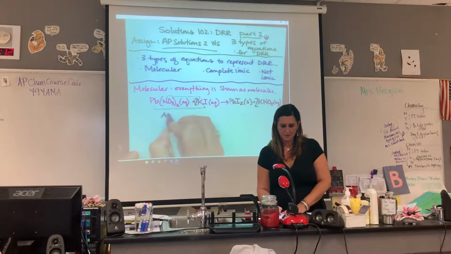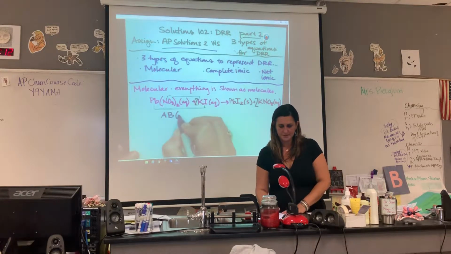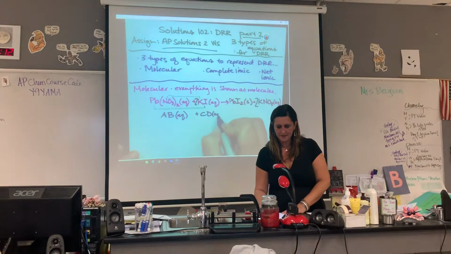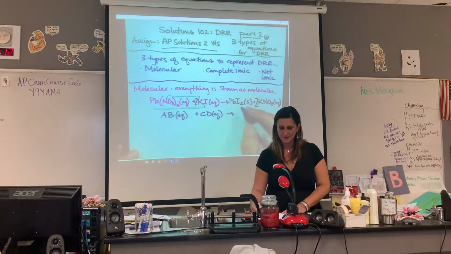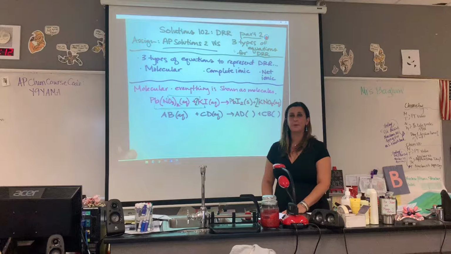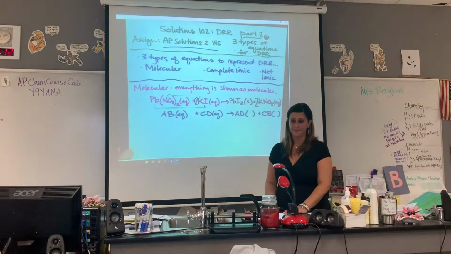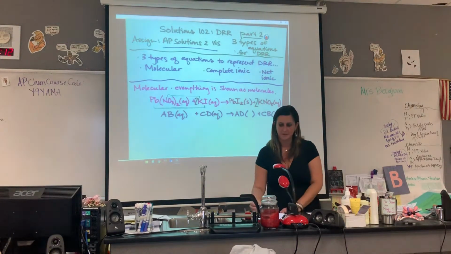So in general, we would represent it like AB plus CD aqueous, and then we'd show AD plus CB. And one of these would be aqueous and one of them would be a solid, depending on which one is insoluble.